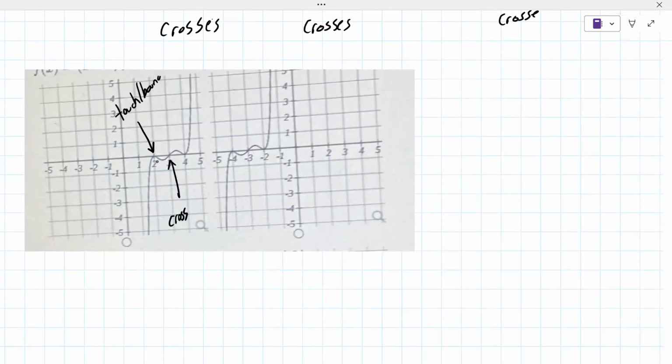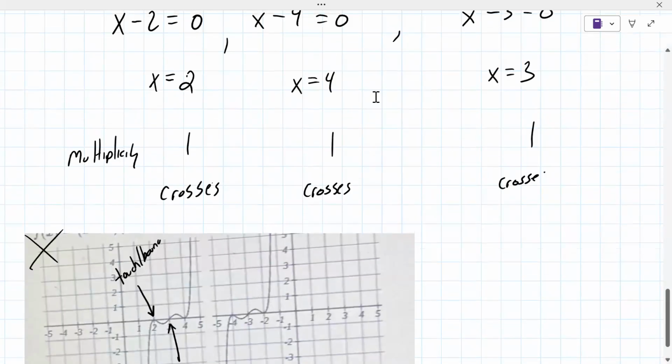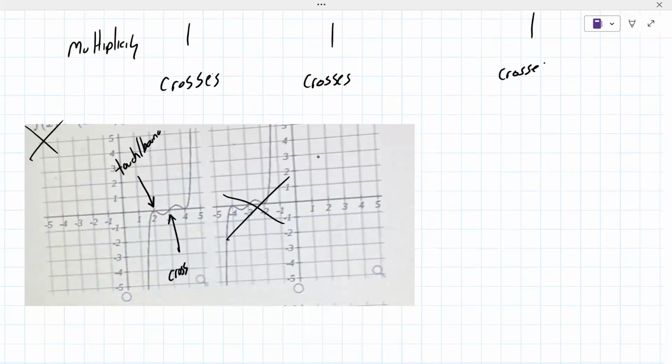Can you see the difference visually? Yeah. What's going on at 4 here in this graph? Is that a cross or a touch? That's a touch. Yeah. So this one's wrong. It also doesn't even have the right x values, so we're going to get rid of that.